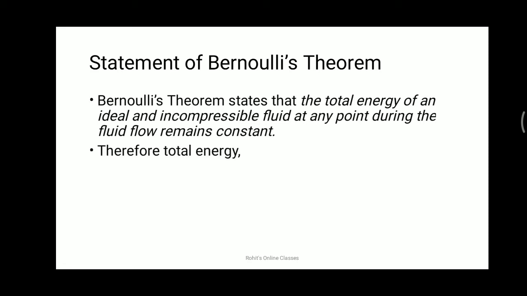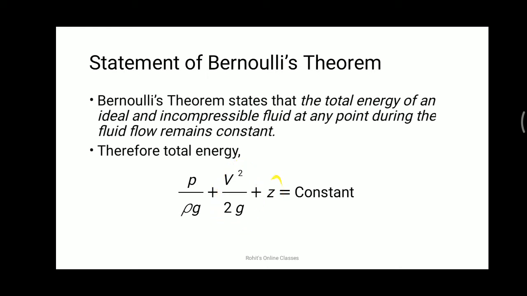Therefore mathematically we can write the total energy is equal to, now we will have to understand how many types of energy a flowing fluid will have. A flowing fluid will have kinetic energy, potential energy, and some internal energy, you can say. So this is our kinetic energy.